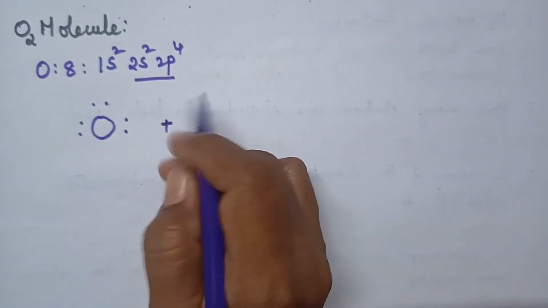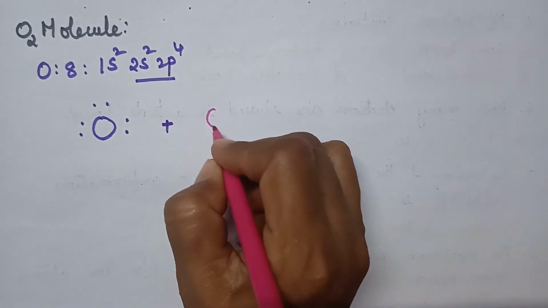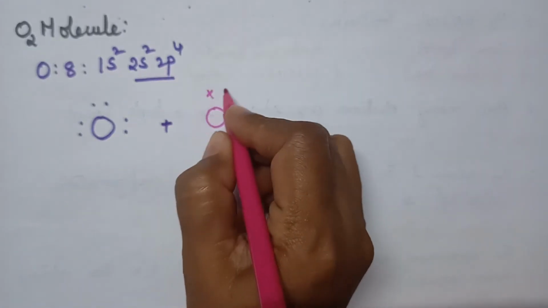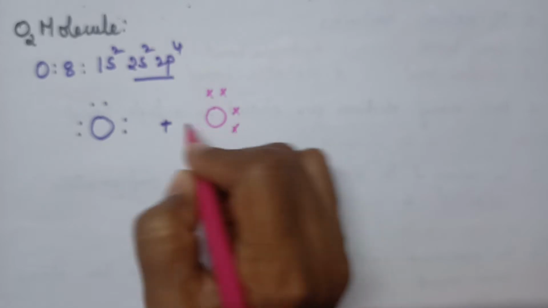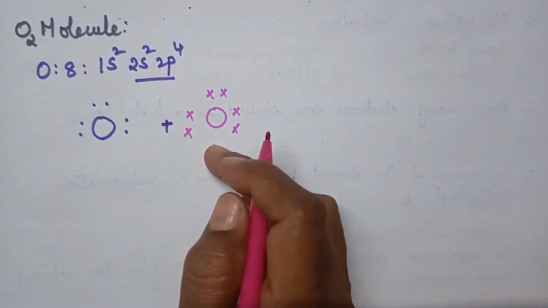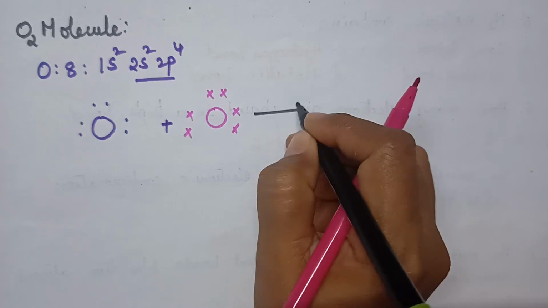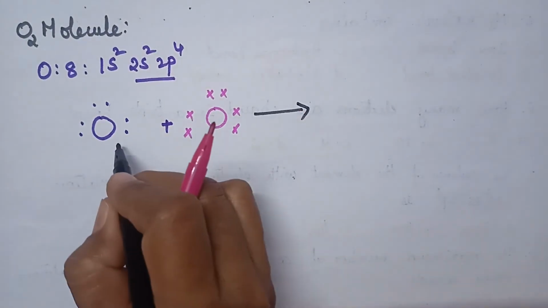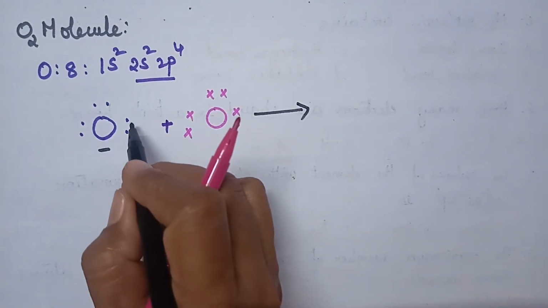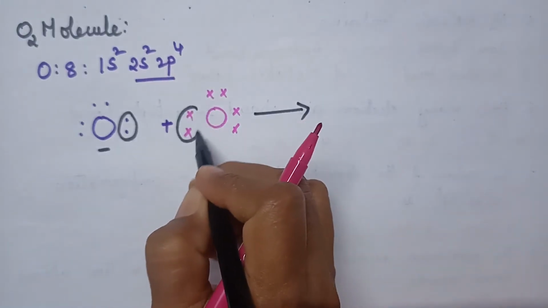In a similar way, the other oxygen atom also consists of 6 electrons in the outermost orbit, and it also requires 2 electrons to attain stability. So, during the formation of O2 molecule, each oxygen atom contributes 2 electrons for the sharing.